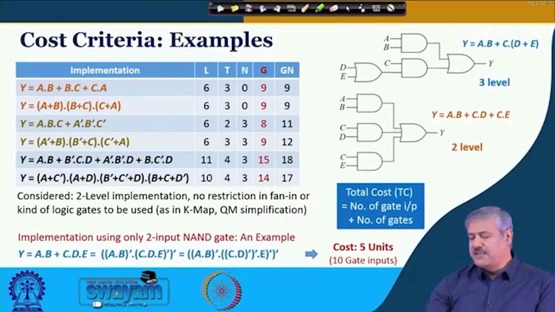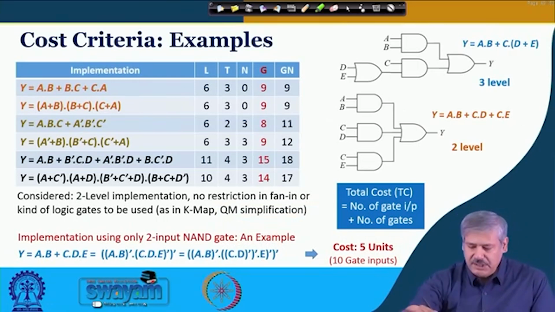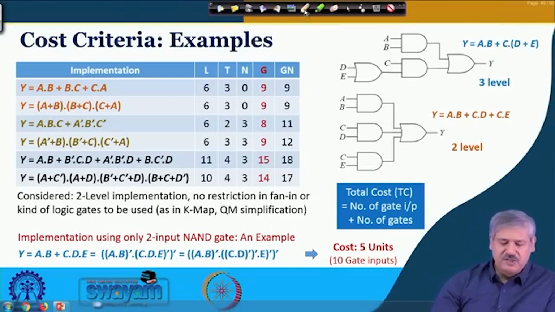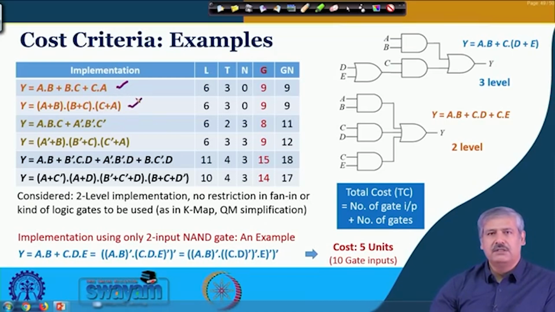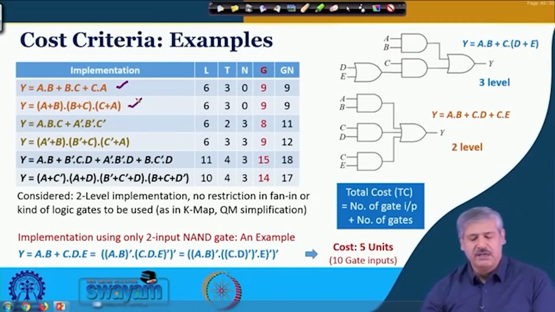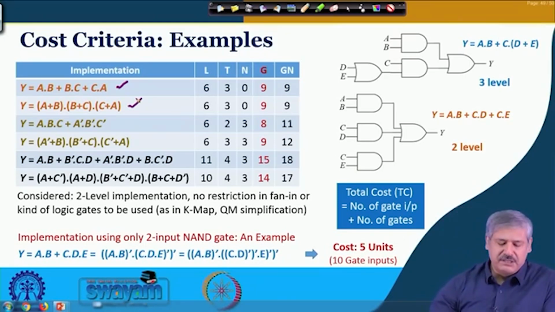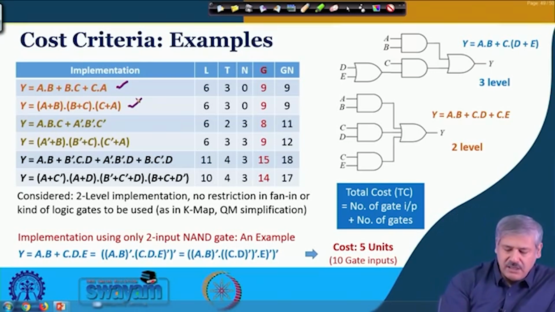So, we look at a few more examples. This realization and this realization are both equivalent. They represent the same truth table. Now, we are not drawing any logic circuit for them. Simply by the way we have calculated using that formula, we shall see what the gate input cost is here. The number of literals is 1, 2, 3, 4, 5, 6, so the literal cost is 6.